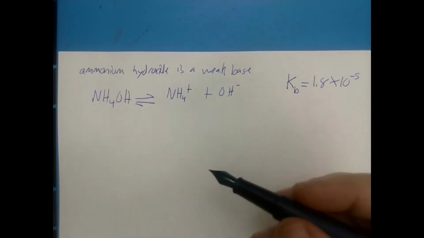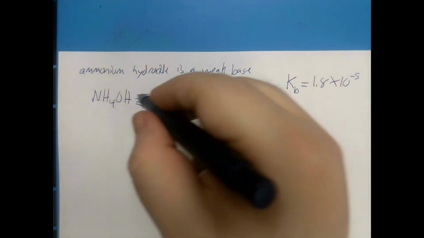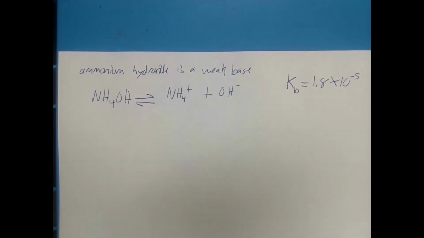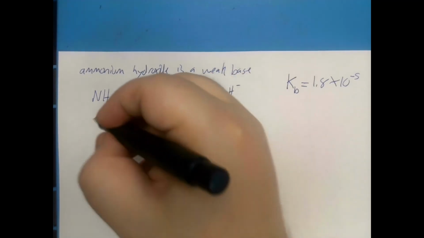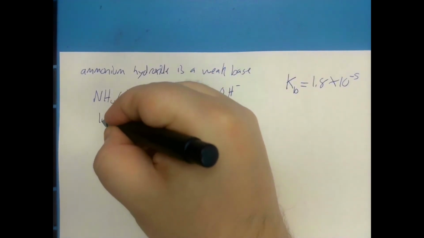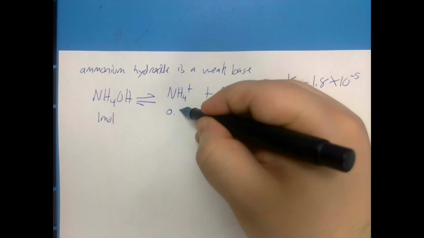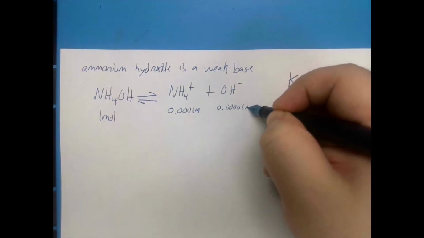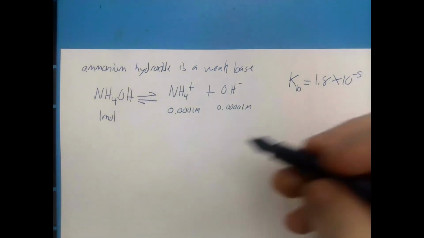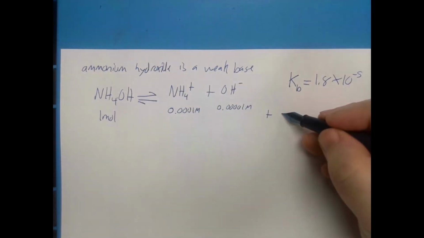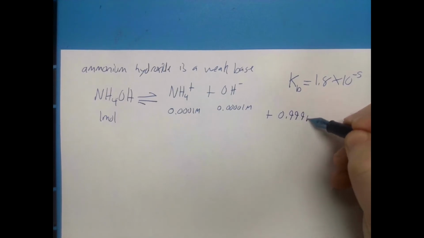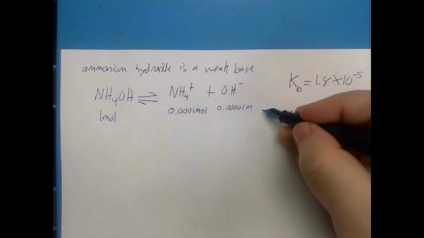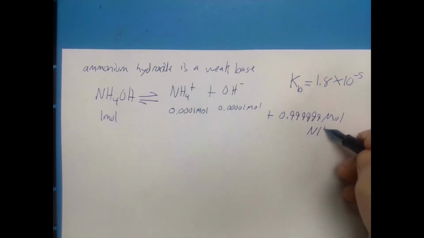So we don't know this is a 1-to-1 ratio anymore. The fact this doesn't go 100%, this could be 1 mole of this turns into 0.001 mole of this and 0.001 mole of this, which means we end up with a leftover of 0.999 moles of NH4OH.